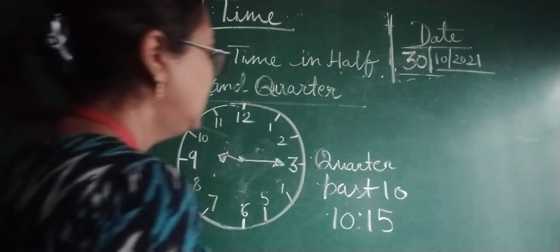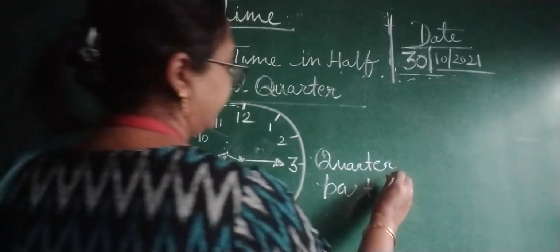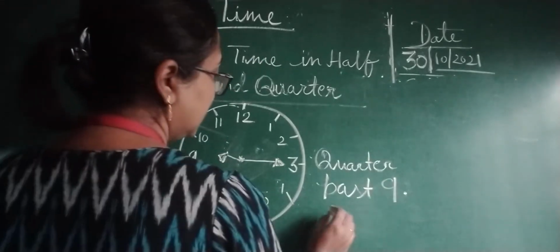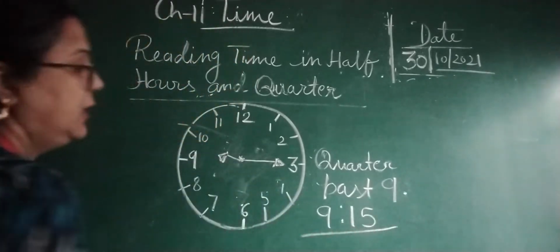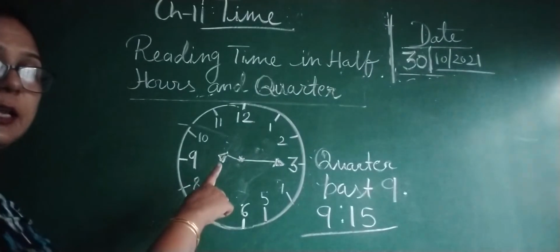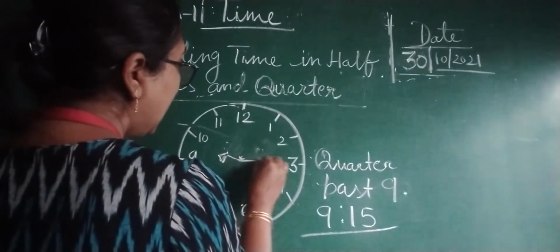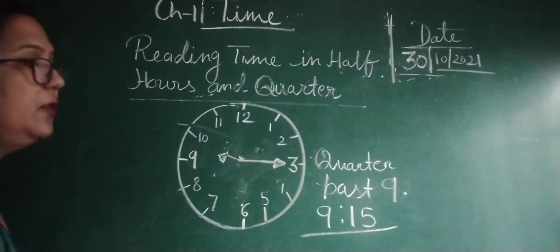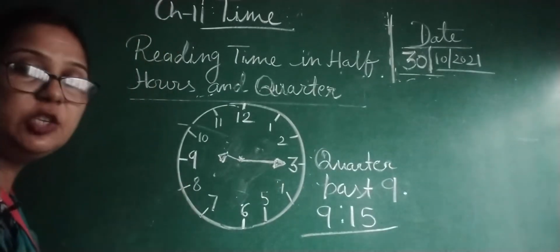Now this is called quarter past 9, children. ये quarter past 9. ओके. So this is 9:15. ये हमेशा याद रखिए. This is 9:15. It means the shorter hand is in between 9 and 10 and the bigger hand is at 3, stable. So this is quarter past 9. 9:15 हो चुके हैं. ये हमेशा ध्यान में रखिए.